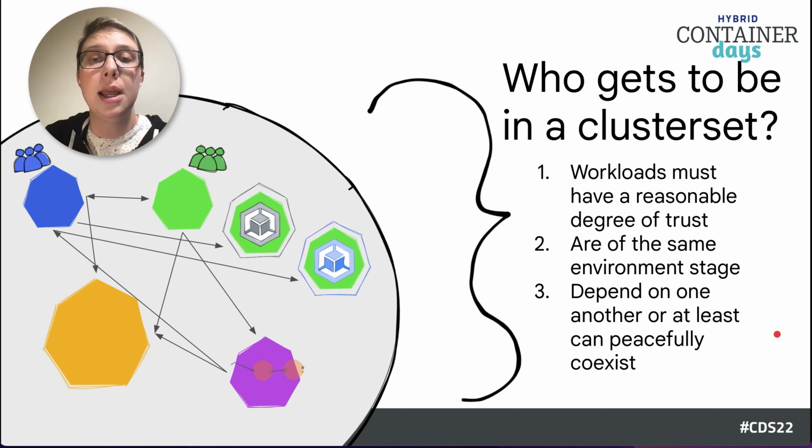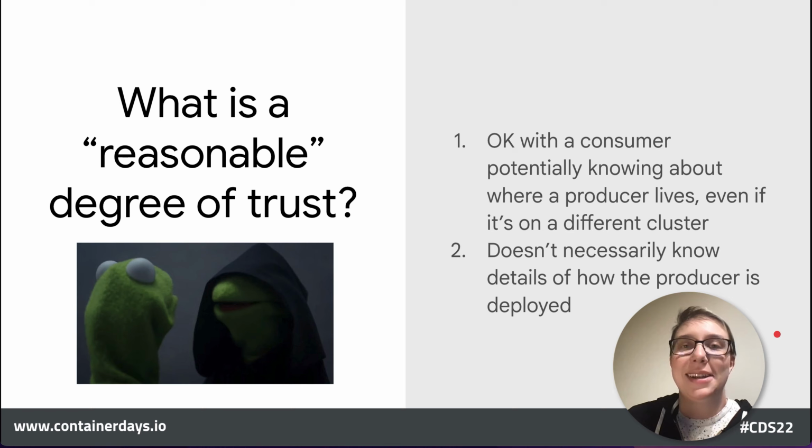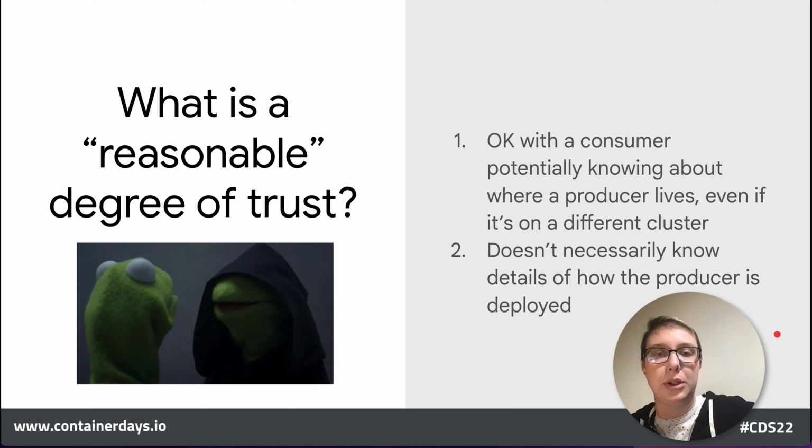So a little bit more on reasonable degree of trust, and I'll have another concrete example later too, but it basically boils down to the workloads need to be okay with a consumer of some workload in some other cluster potentially knowing where that producer lives.